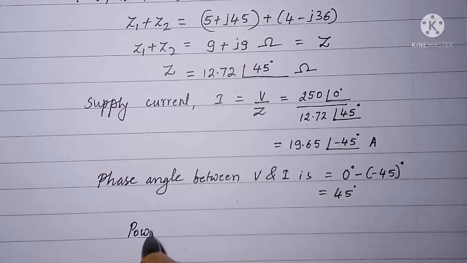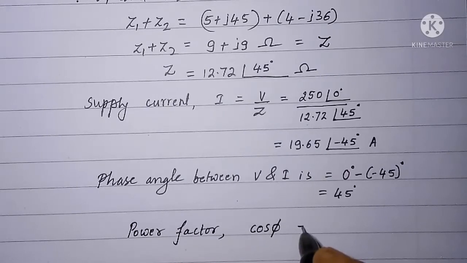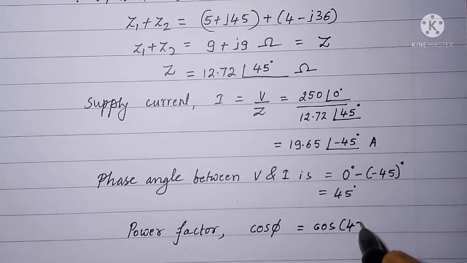Hence now we can calculate power factor. Cos phi equal to cos of 45 degree, that is 0.707.